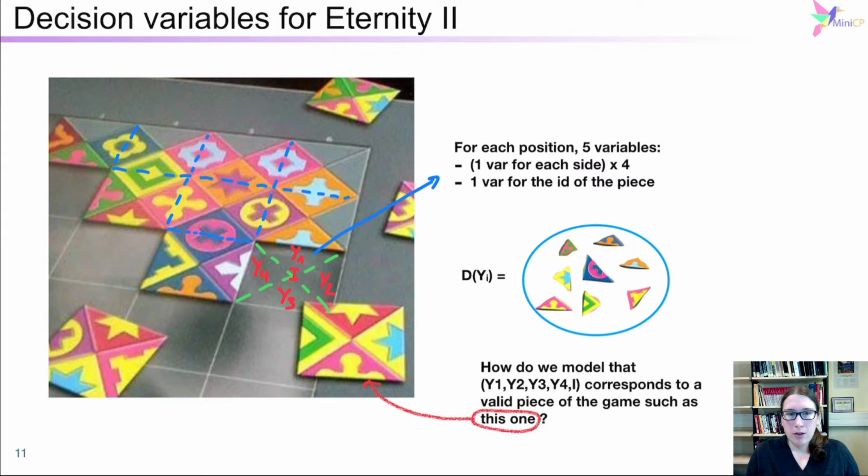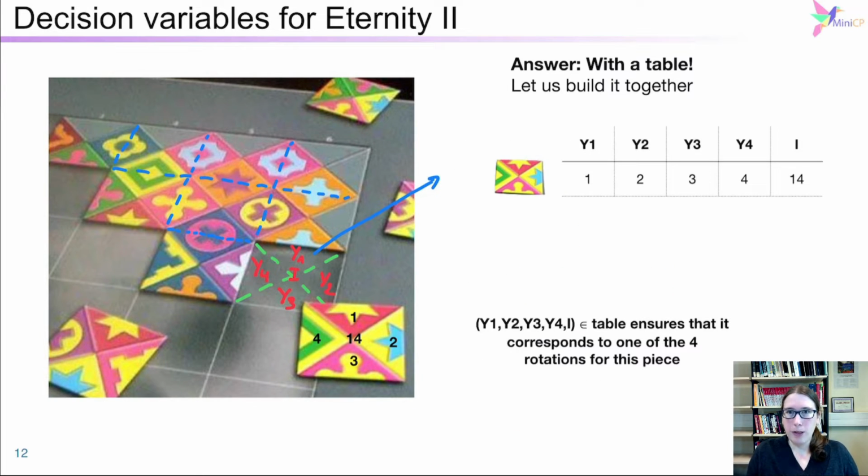But now, how can we model the fact that we have a given piece and we want this actual piece to correspond to the variables that we have? How can we model an actual piece into the variables? Well, we can do it with a table.